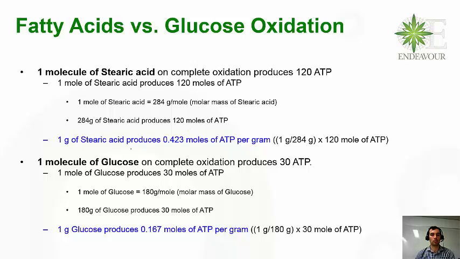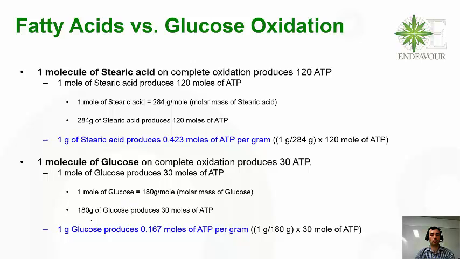So for 1 gram of stearic acid, you're actually getting 0.423 moles of ATP. If we do the same thing for glucose, 1 mole of glucose produces 30 moles of ATP, and the molar mass for glucose is 180.